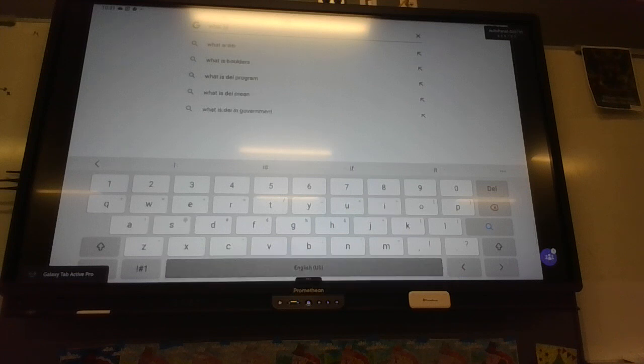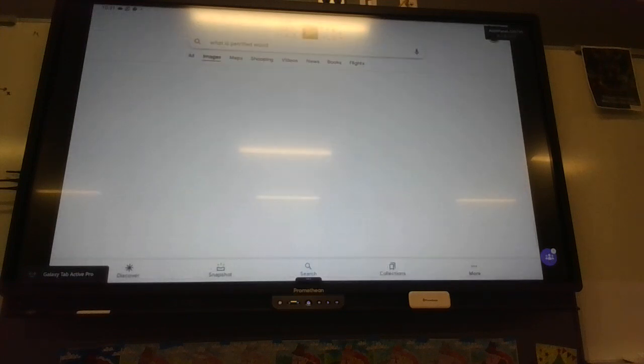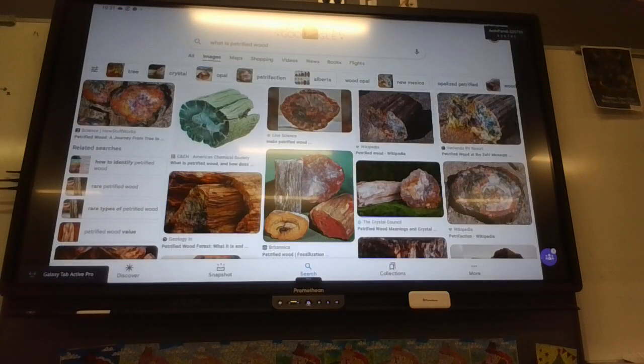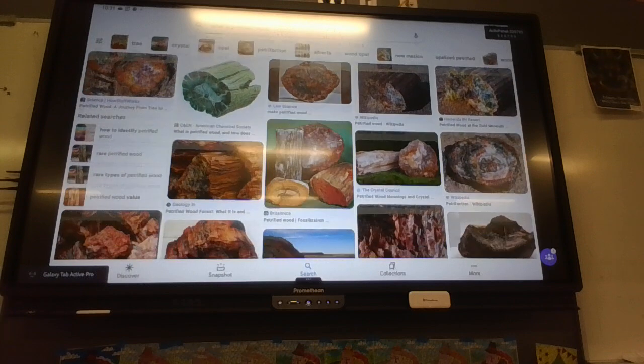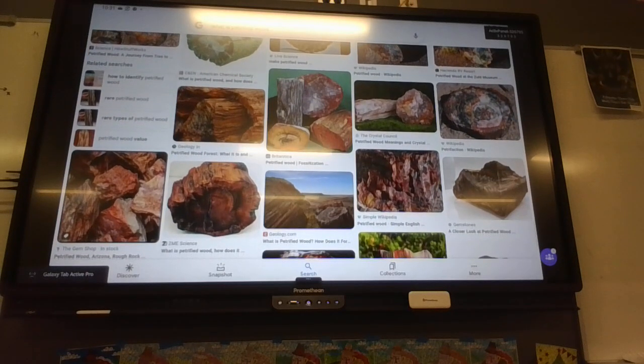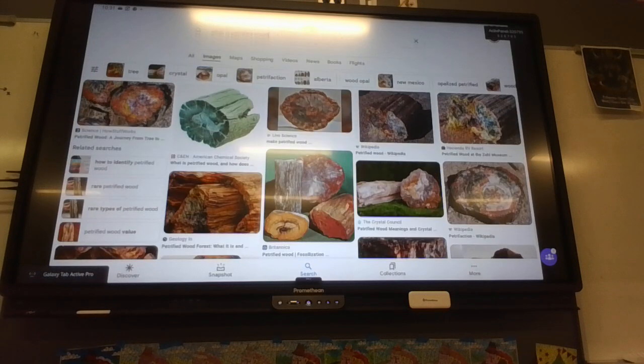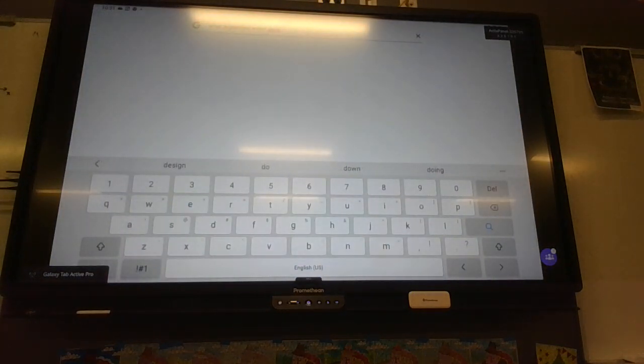All right, let's look at yesterday's assignment. Yeah, it looks like stone inside. Petrified wood. What makes it rare?